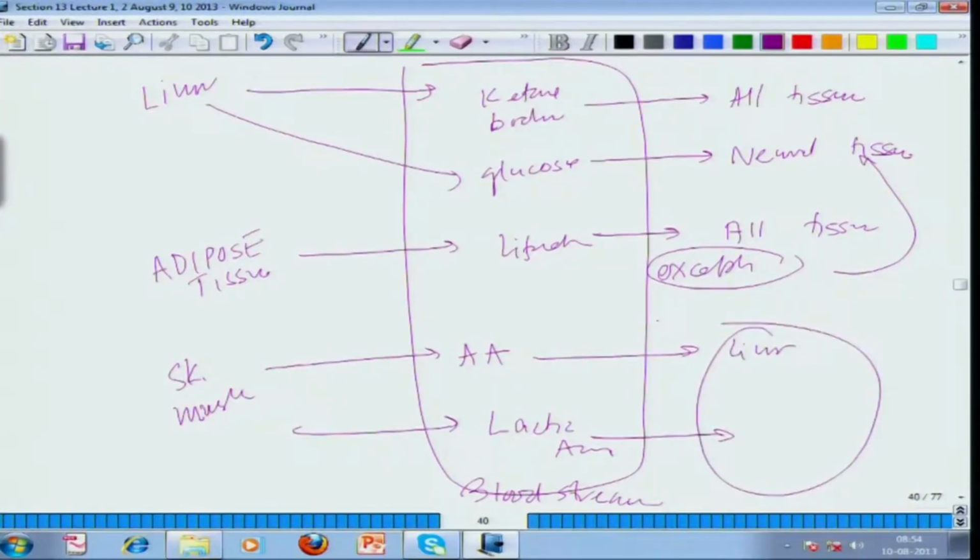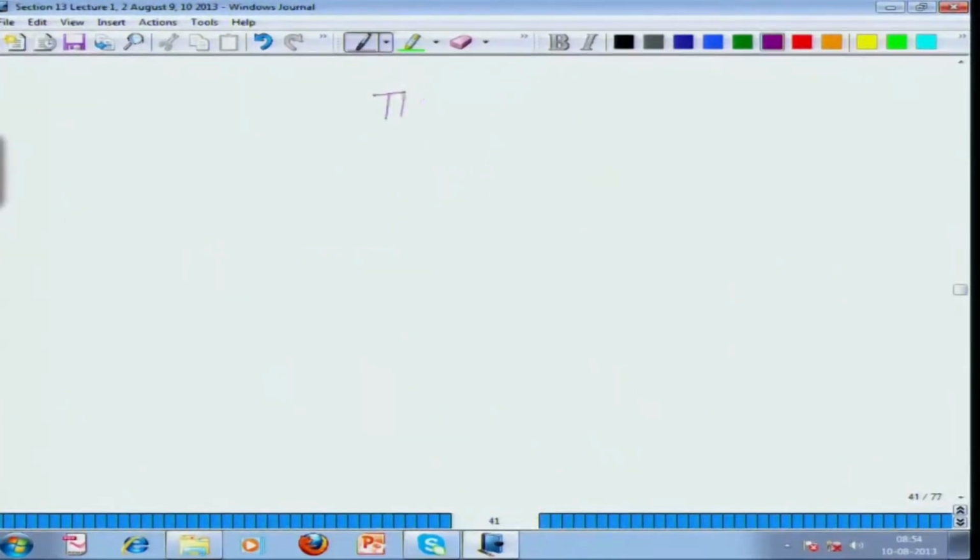So, this is pretty much the overall distribution to the different tissues in the post absorptive phase. Now, from here we will move briefly to thermoregulation.